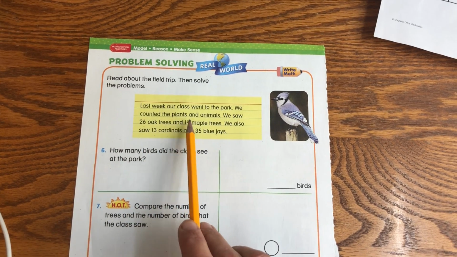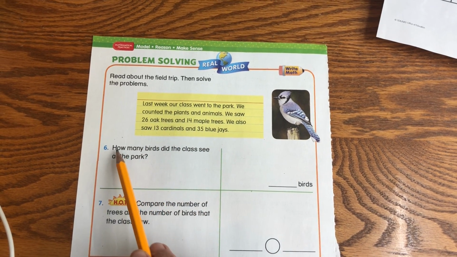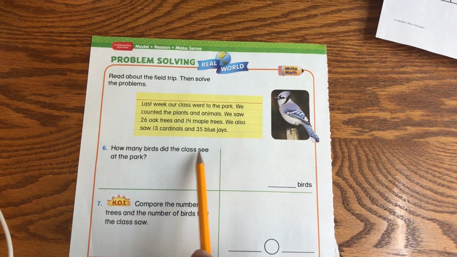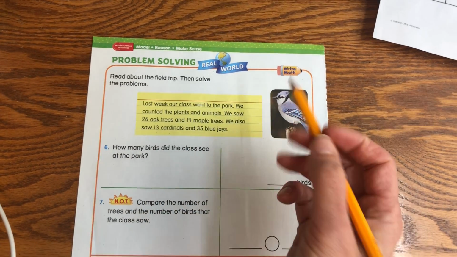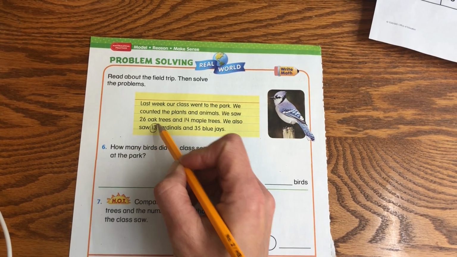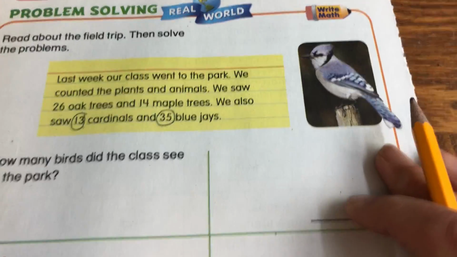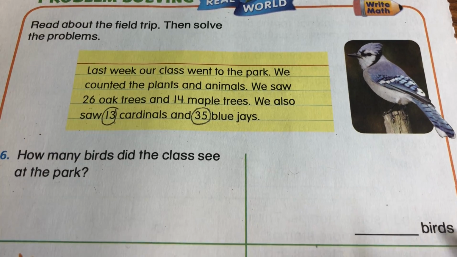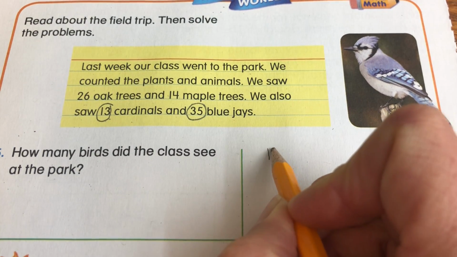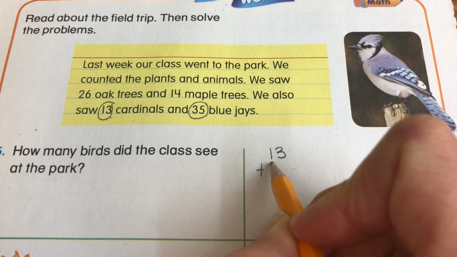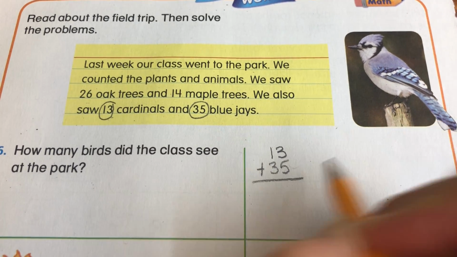Let's use this information to solve. How many birds did the class see at the park? They saw 13 cardinals and 35 blue jays. So now let's use that information to do our writing. Let's do 13 plus 35.